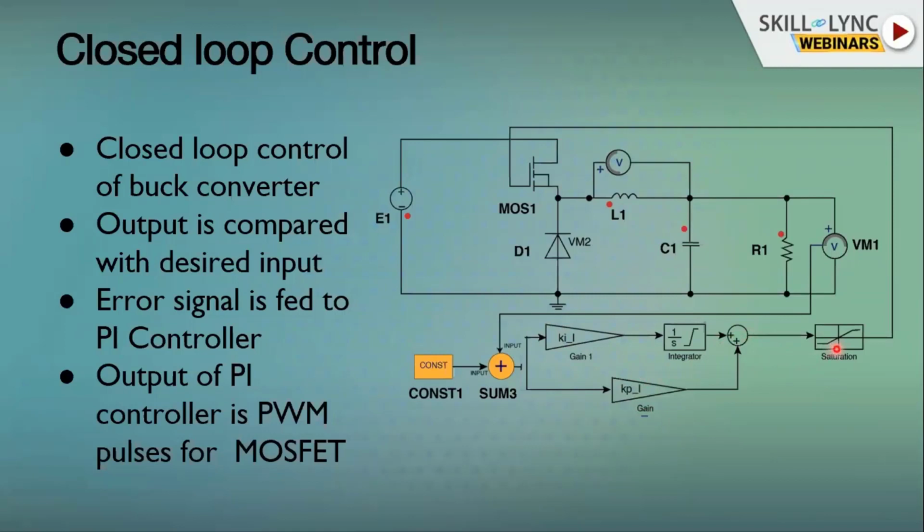And finally, with some saturation or trigger, you are selecting the switching frequency here, or ultimately the pulse width of the PWM pulses, that is the pulse width of the MOSFET, and you are triggering the MOSFET according to your input. So this is very simple, and it can be applied to any DC-DC controller.